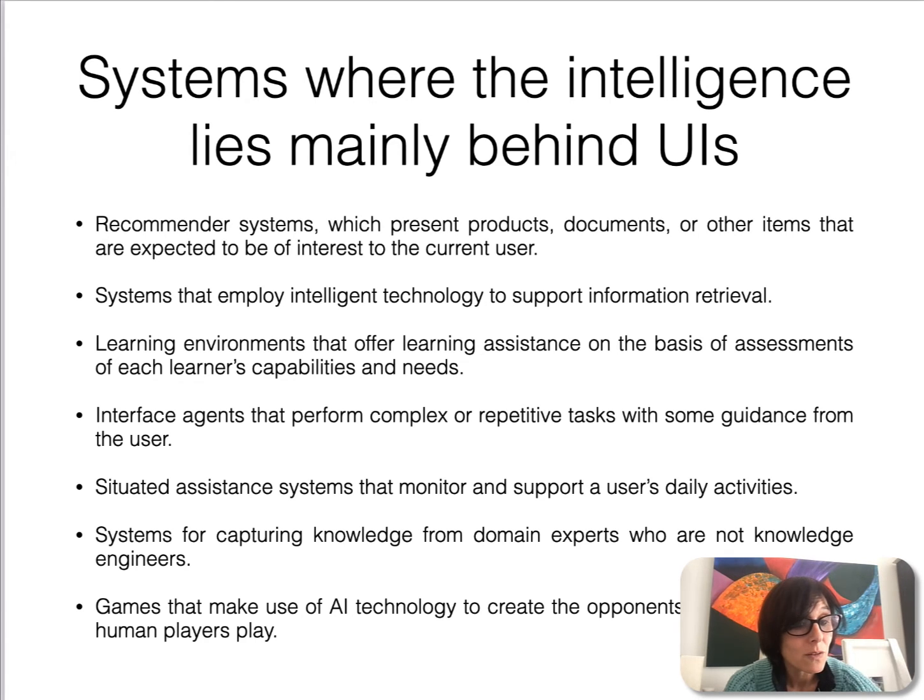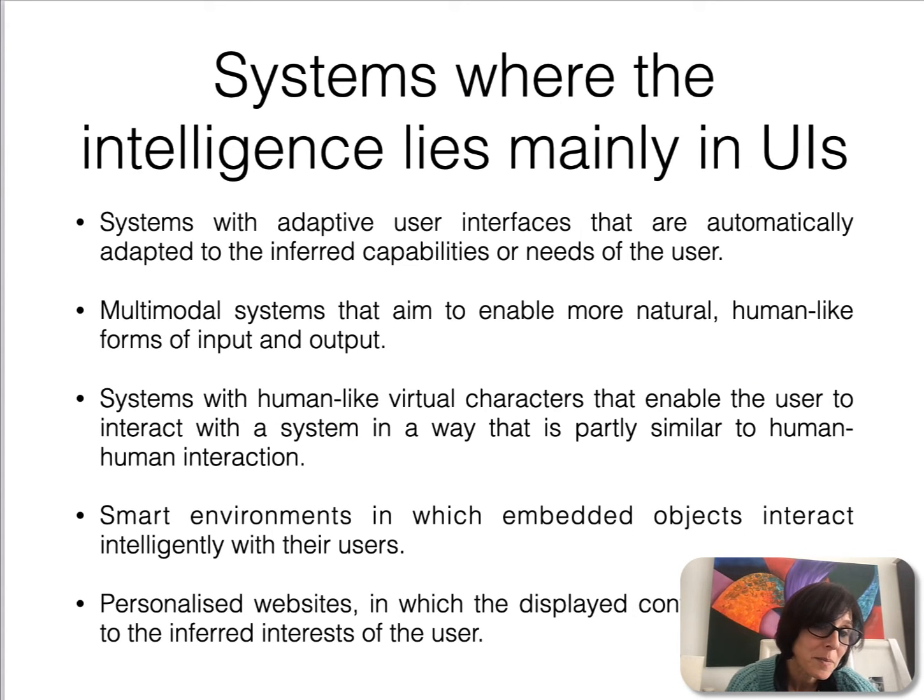Situated assistance systems that monitor and support a user's daily activities. Systems for capturing knowledge from domain experts. Games that make use of AI technology to create opponents against which the human players play. So you can see there's the interface, but the intelligence is lying behind the actual interface. Whereas here, these are systems where the intelligence is in the UI.